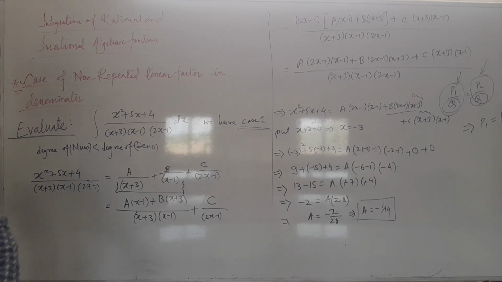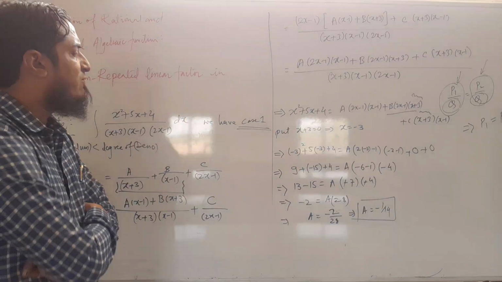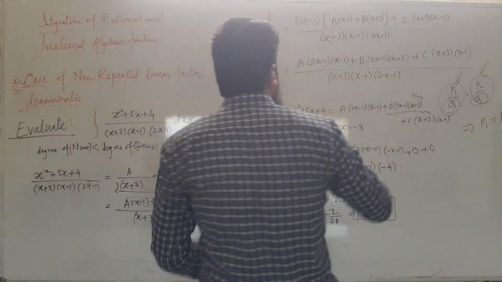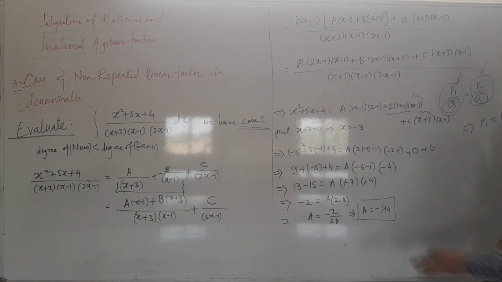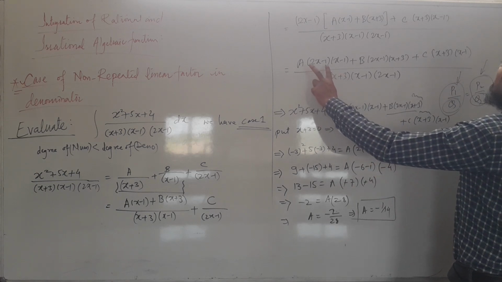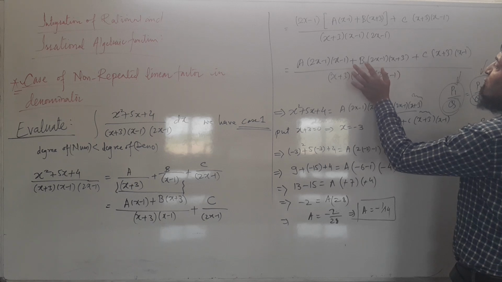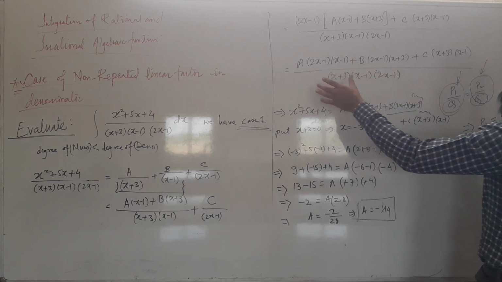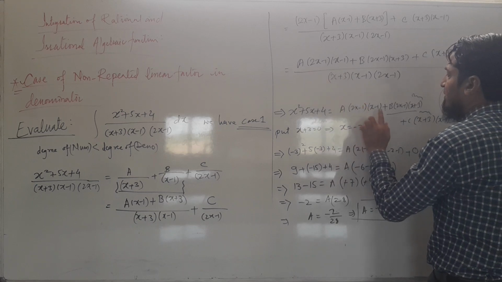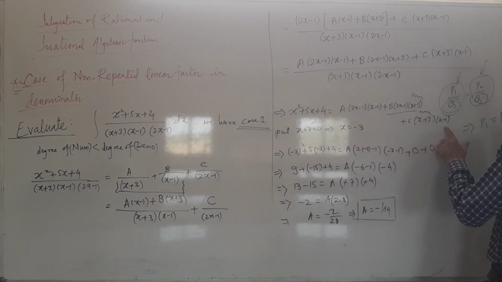Now we will try to find the value of B and value of C by setting 2x - 1. To find the value of B, we have to set x - 1 = 0. We have x - 1 with A also and with C also.